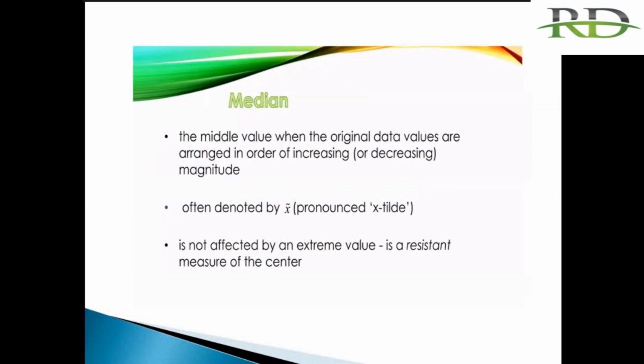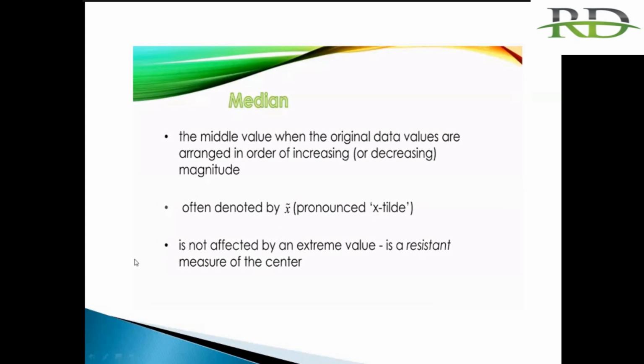Okay, now come to median. It is the middle value when the original data values are arranged in increasing or decreasing order, we know. But basically median is used where the data is skewed. It means outliers and extreme observations are present in the data and we did not exclude them at the stage of cleaning the data. It is often denoted by X curly bar, pronounced as X tilde.